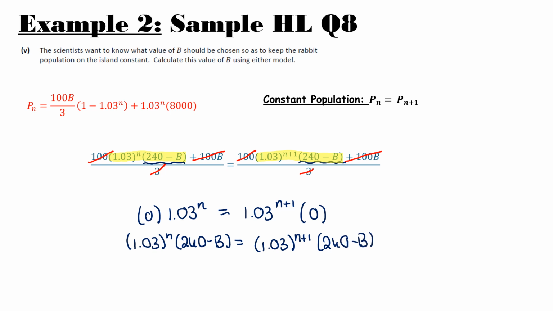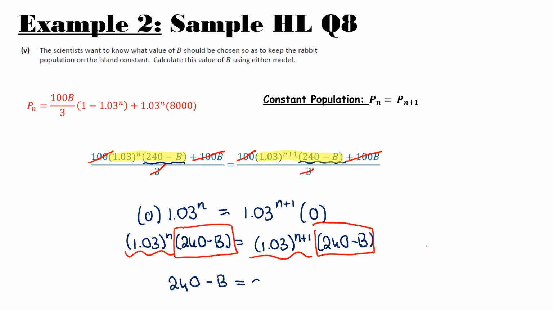We've already said they'll never be equal. The only way these two sides can be made equal is if they were both multiplied by 0. So we have come to the conclusion that the only way this would work is if 240 minus b gave us 0. And in that case, the value of b that would make that happen will be 240. So that is using our difference equation to work it through.